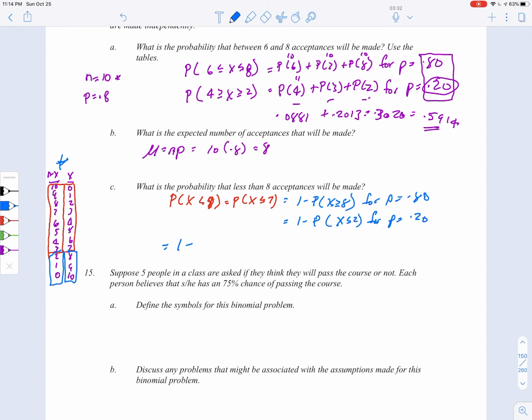Now, that's a lot easier to figure out. So that's equal to 1 minus the probability of 0 plus 1 plus 2 for a p equal to 0.2.